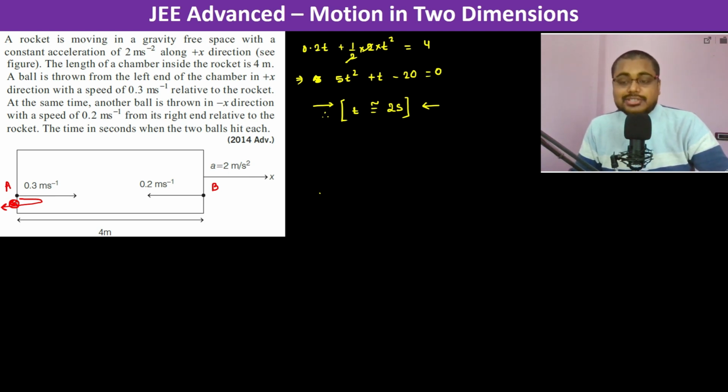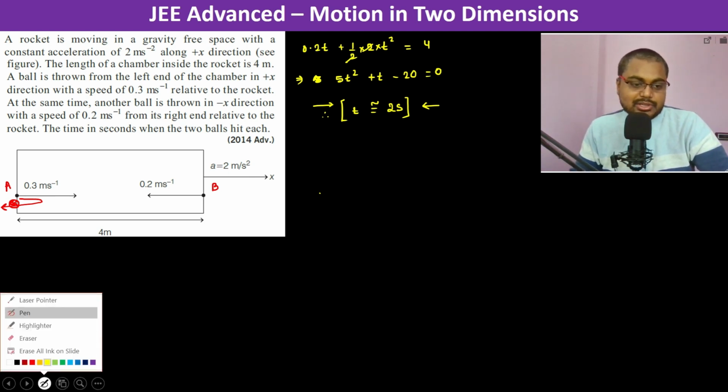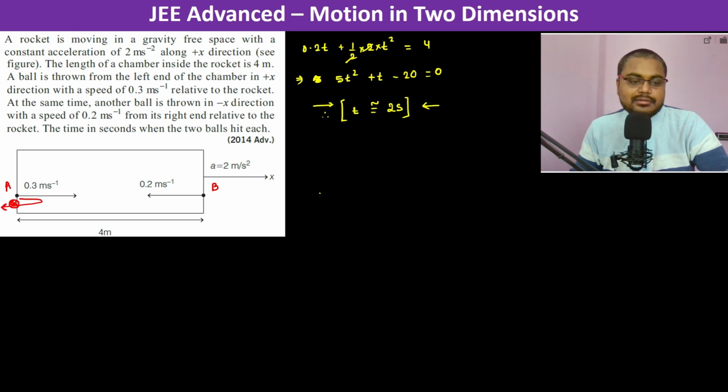Now one more thing which can happen is, because nothing is mentioned, A goes like this and then it comes back. So when it comes back here again, there can be rebounds happening.